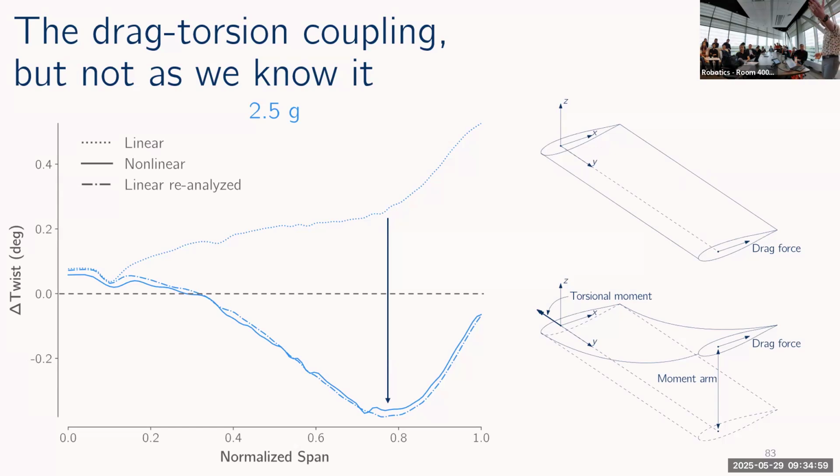But if you consider a wing that's bent upwards quite a lot already, now that drag force at the tip can induce significant torsion in the wing and change its twist distribution in flight, which does affect the aerodynamic loads quite a bit. But in this case, the direction that I'm seeing the wing twist in the nonlinear case is the opposite direction that I would expect from this drag effect.